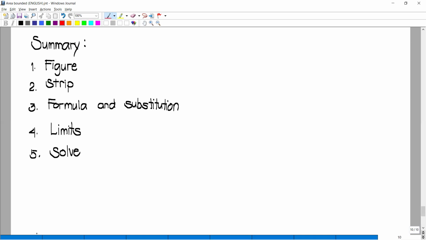Let us follow the guides letter A and letter B for deciding if the strip is vertical or horizontal. Number three, after deciding the correct strip, the correct formula will also follow, and we are going to prepare the y up and y low, or the x right and x left.